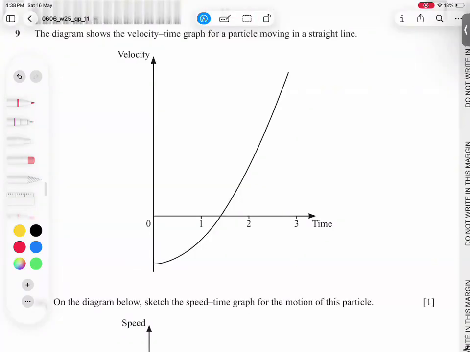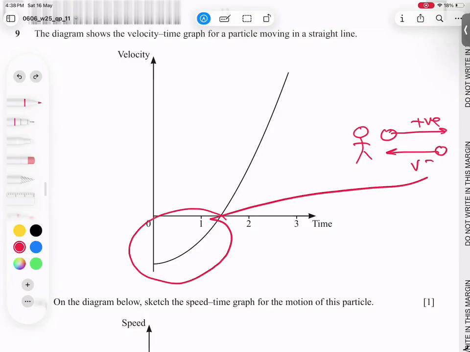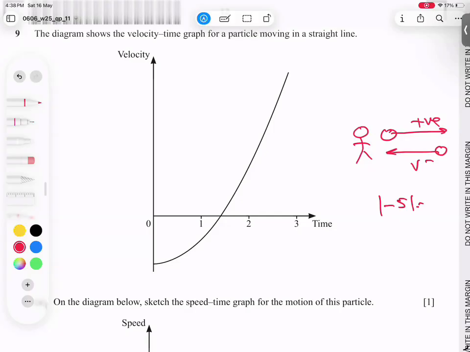Question number 9, students, we have a diagram that shows a velocity time graph of a particle moving in a straight line. And he's saying on the diagram below, the speed time graph. So do you know, students, when the particle goes away from the observer, velocity is positive, coming back to the observer, velocity is negative. This shows that the particle is coming back to the observer. But in speed, this is not a matter. When we take the negative sign, negative velocity will give you positive speed because we never consider the sign.